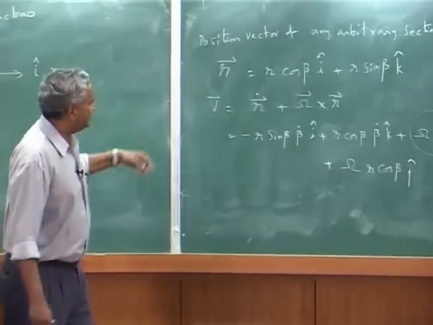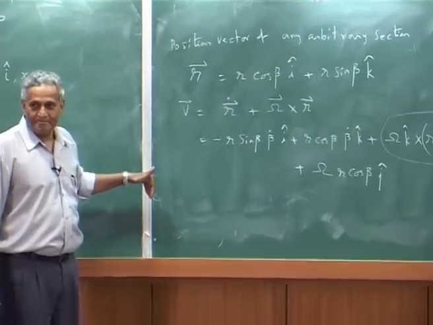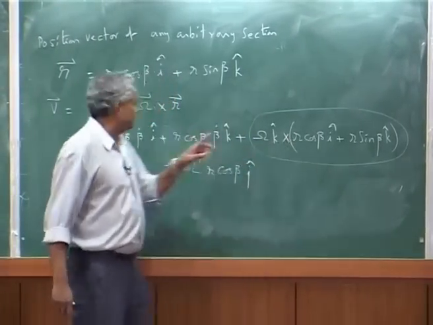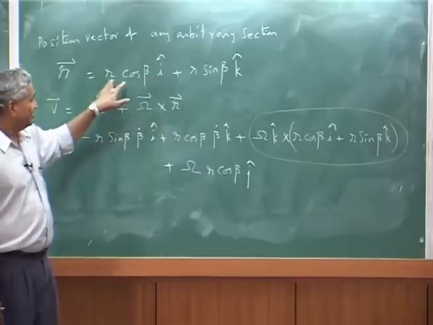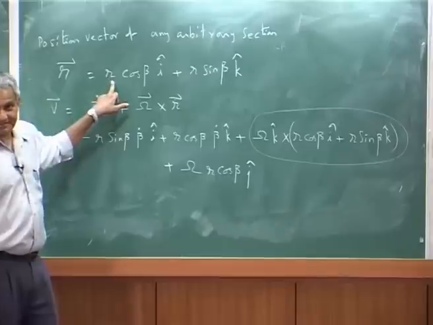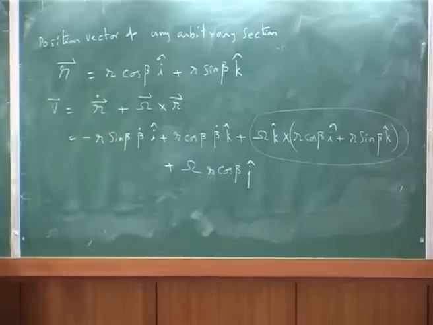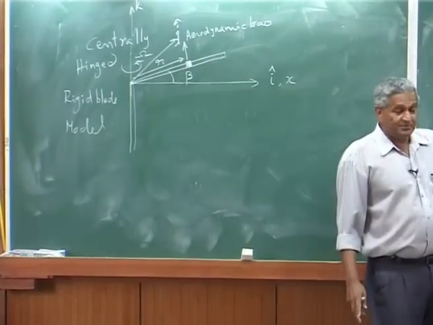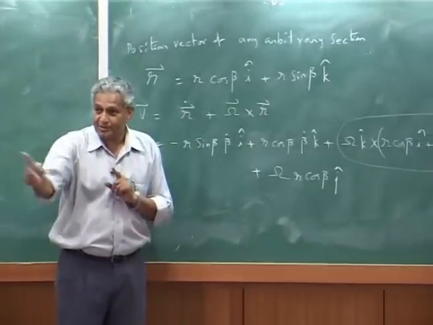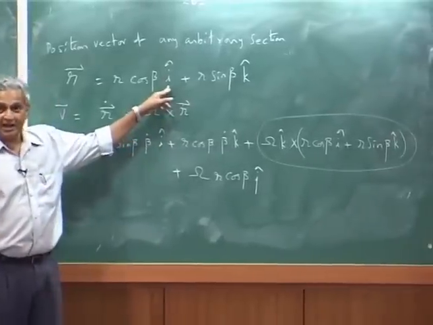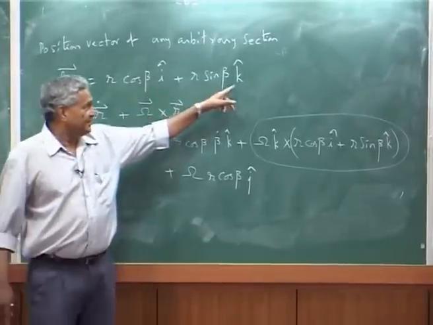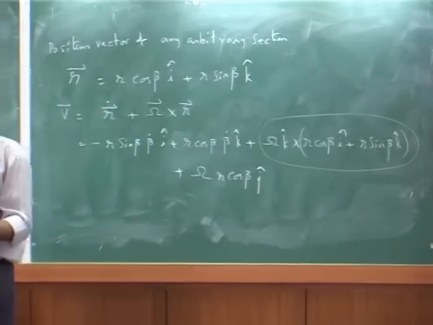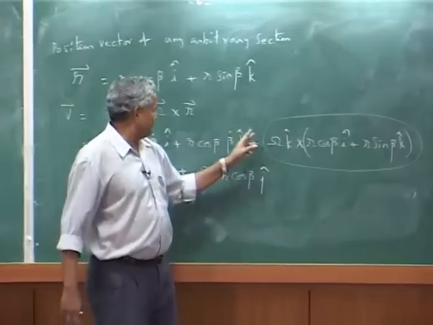Here I am directly writing every step I am going through, because this particular term comes from differentiating this term. r is constant, because the position vector, this distance, is fixed. Beta is varying, I is also changing, so you will have di over dt, and k is not changing. So di over dt becomes omega cross this term.